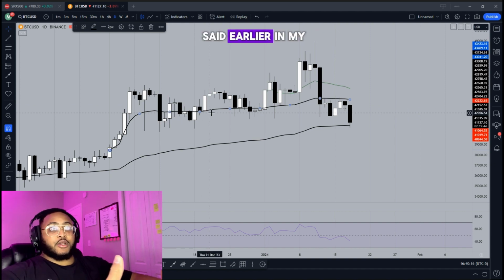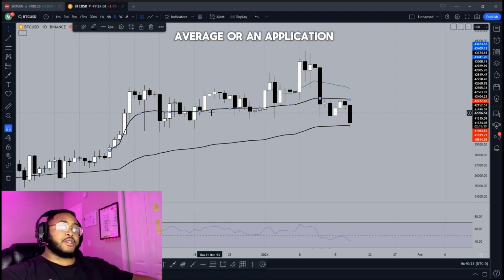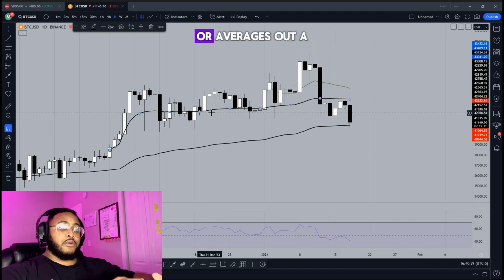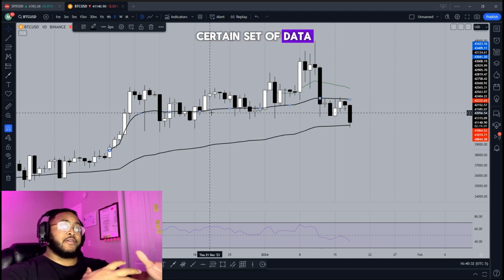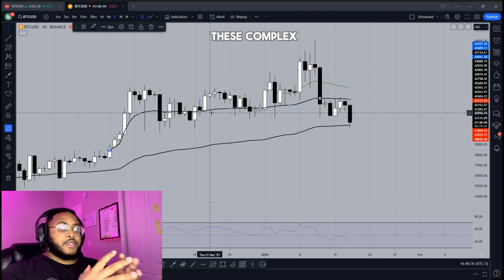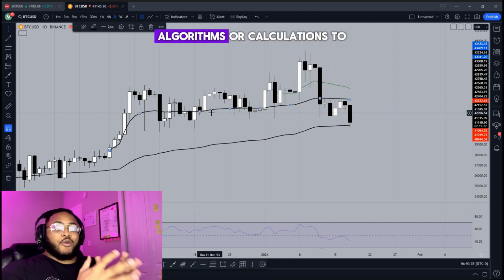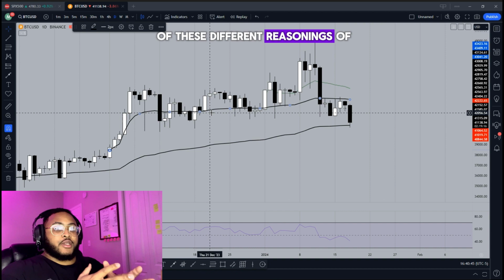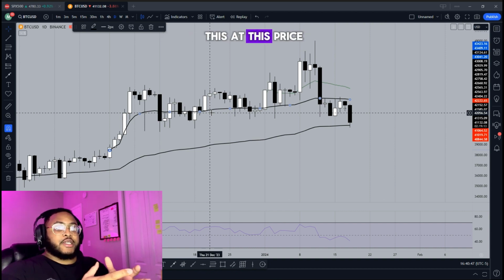Like I said earlier in my previous videos, it's like a moving average, an application that basically goes through data or averages out a certain set of data over a period of time. So I don't need to do all of these complex algorithms or calculations to figure out the reasonings behind why price action did this at this price.